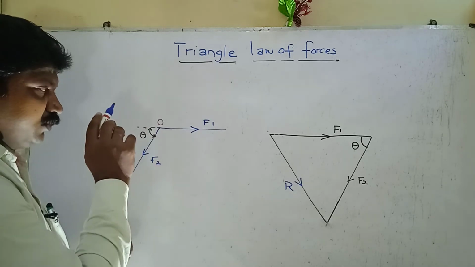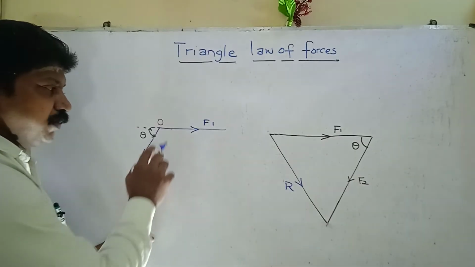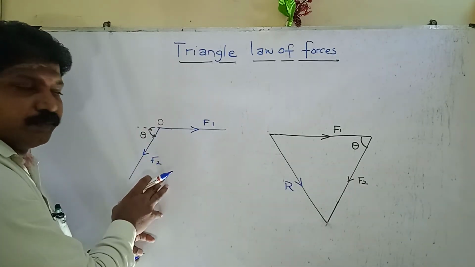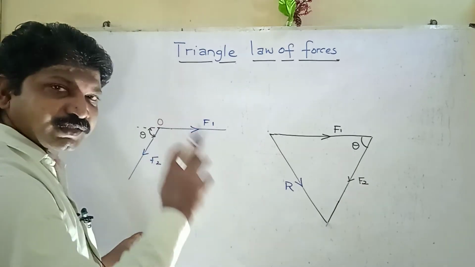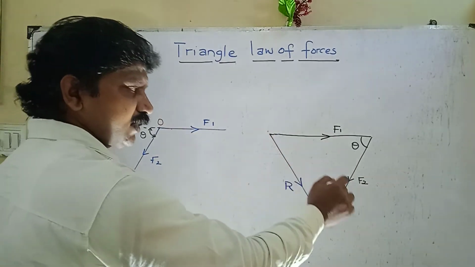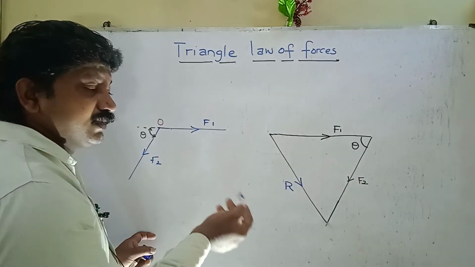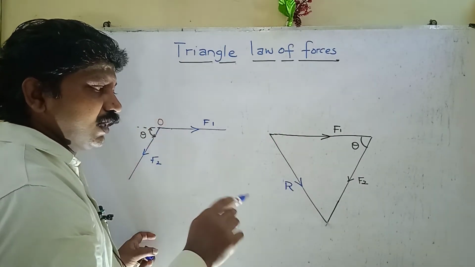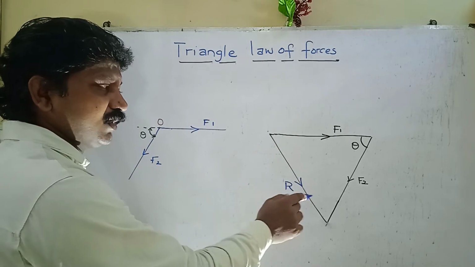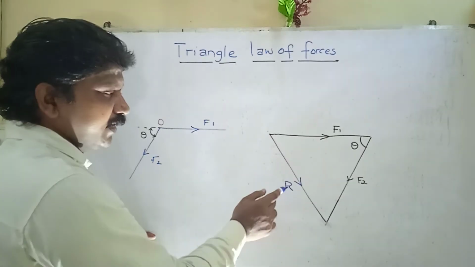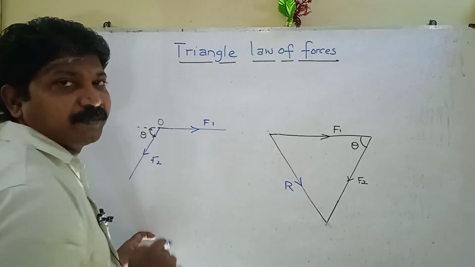If two forces acting on a particular body are represented in magnitude and direction by the two sides of the triangle taken in order, in the clockwise direction, then the closing side or third side represents the resultant of these two forces, taken in the opposite direction.